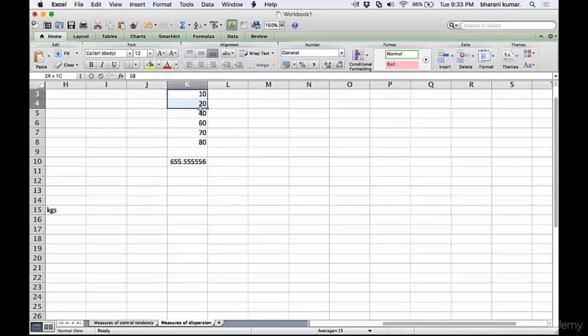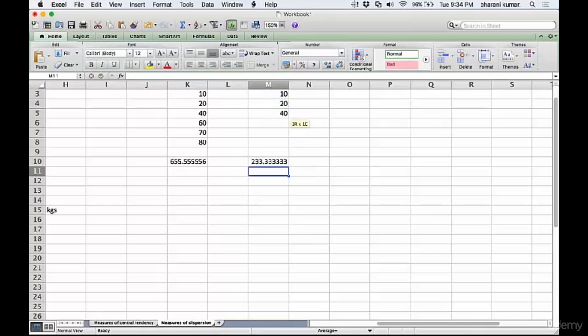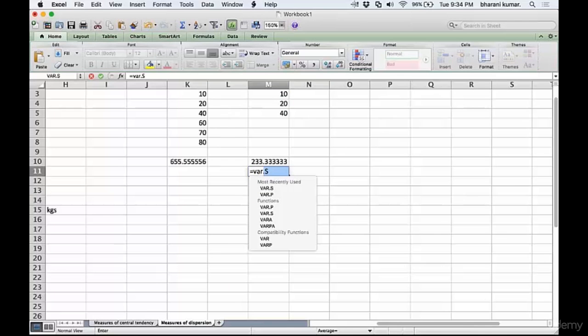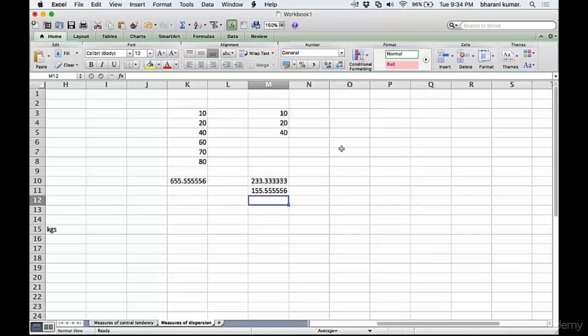However, if I take a sample, so I'm randomly taking a sample, and now if I try to calculate the variance for the sample, look at that. I get 233.33, right? And if I calculate variance for population here, I get 155.55. So please notice, let me explain this.